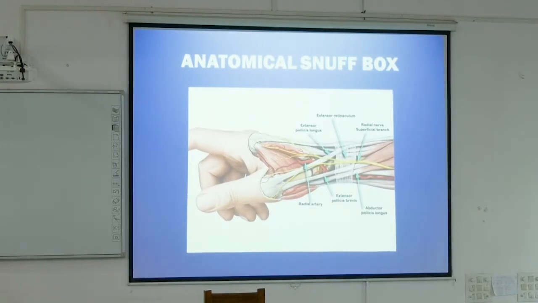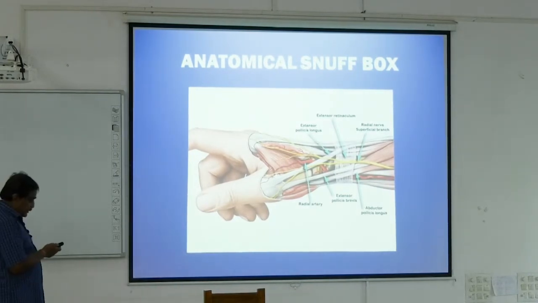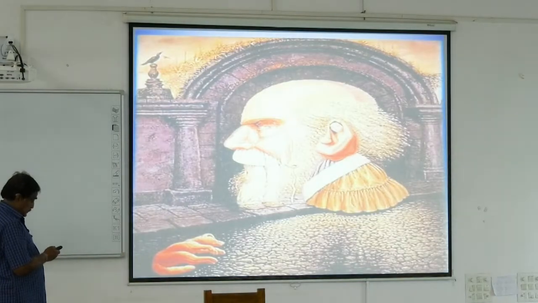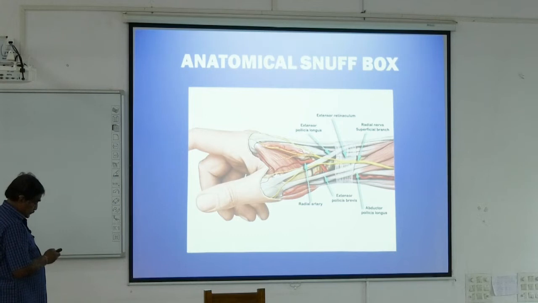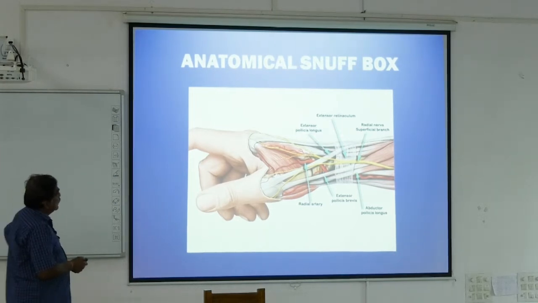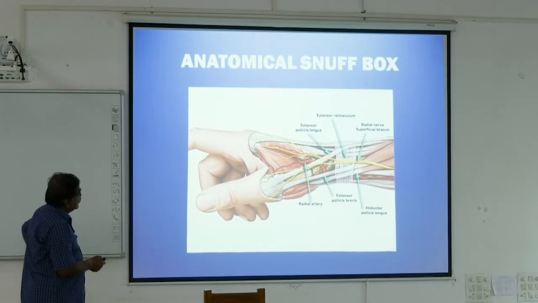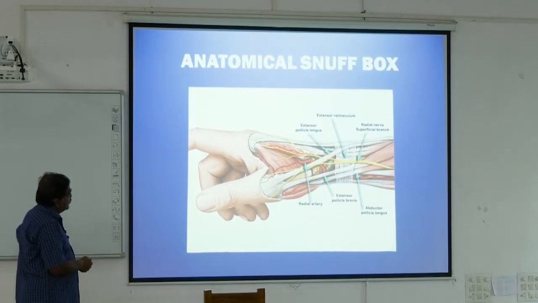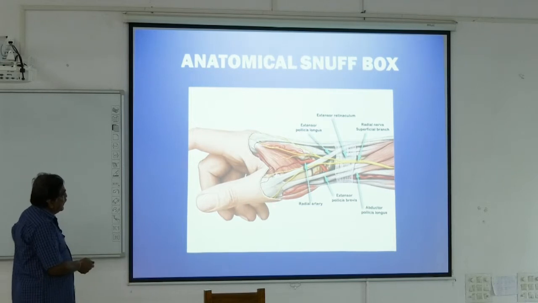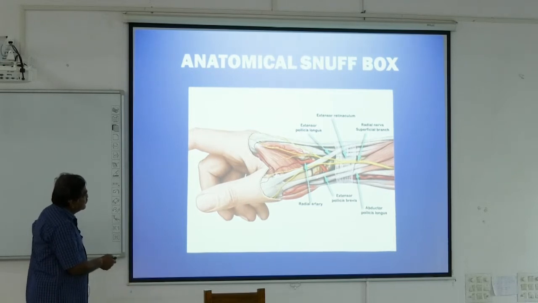Here is a very good illustration. Now, this is the extensor pollicis longus tendon. This is the thumb. This is the extensor pollicis brevis. This is the radial artery.